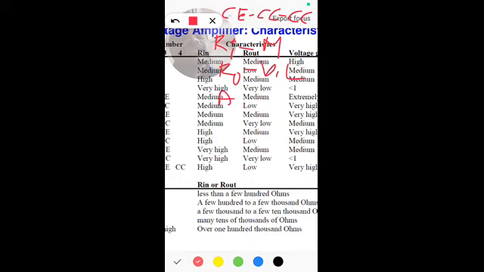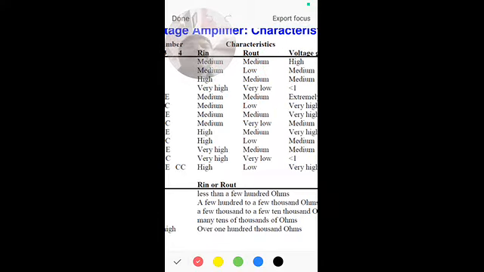Voltage gain is not possible in the second and third stages, and is possible only with the first stage. So the voltage gain is medium.